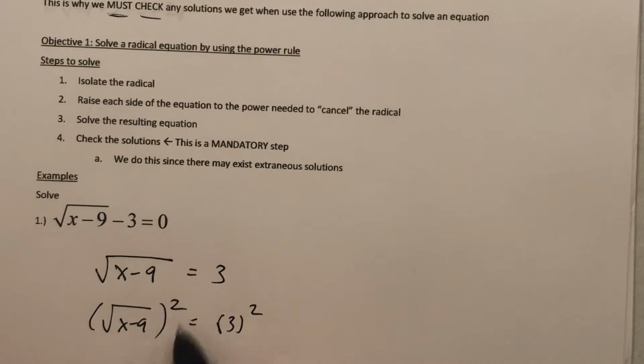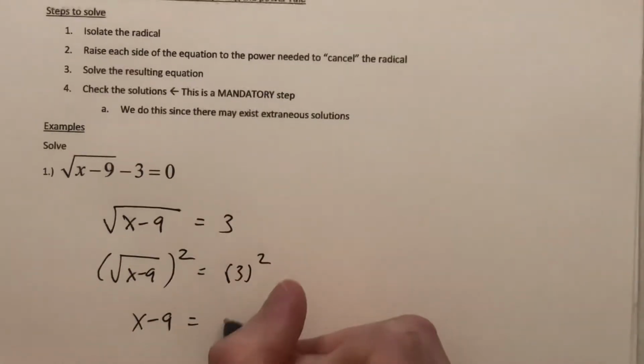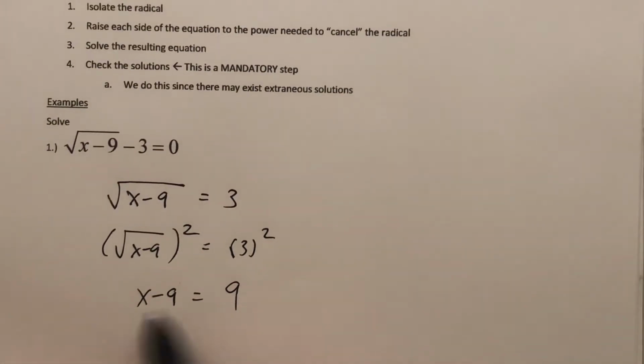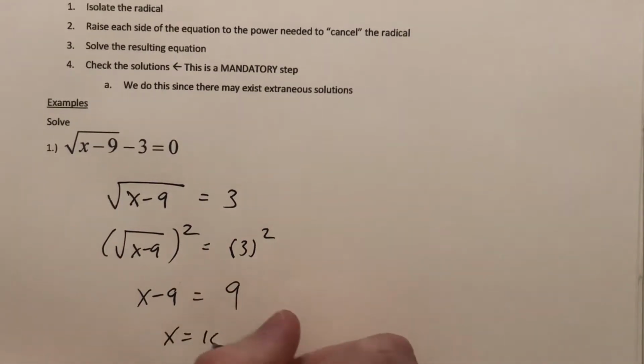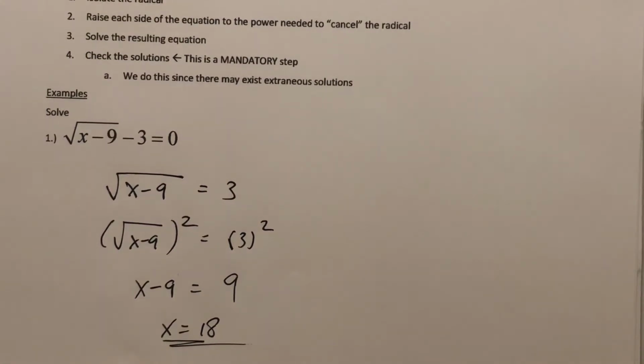The square root of x minus 9 squared leaves me with just x minus 9, and the right side gives me the value of 9. And then lastly, you've got now a very simple, in this case, linear equation. You can just add the 9 on over, get x equals 18, and you have the potential solution.